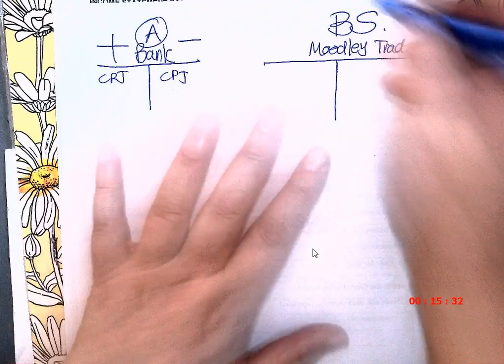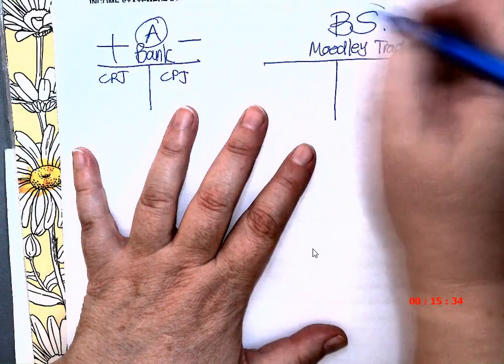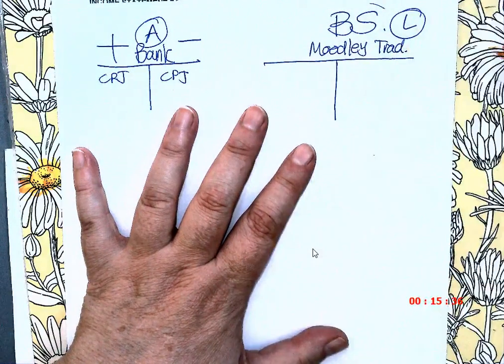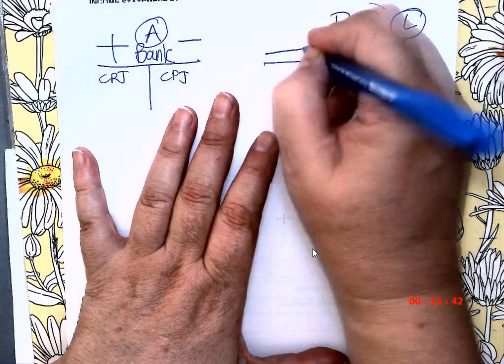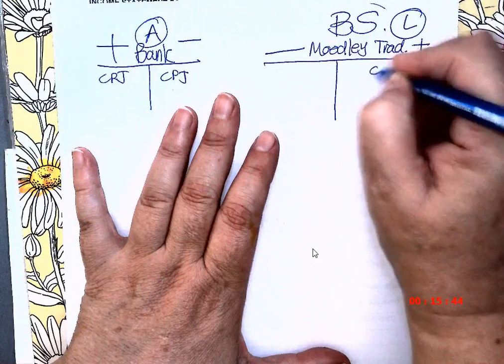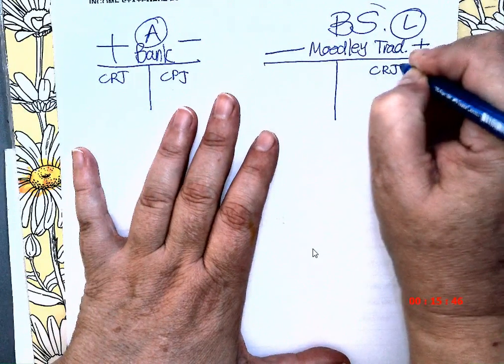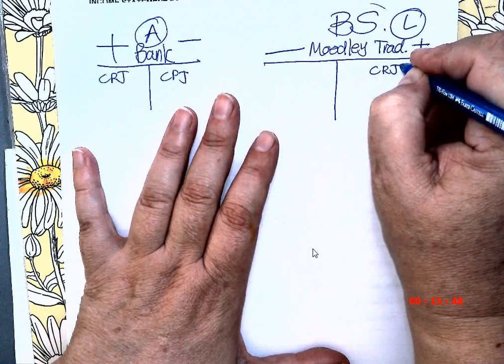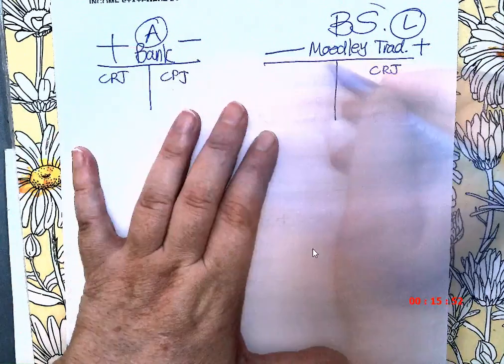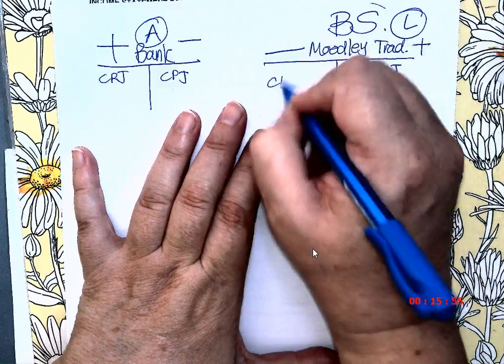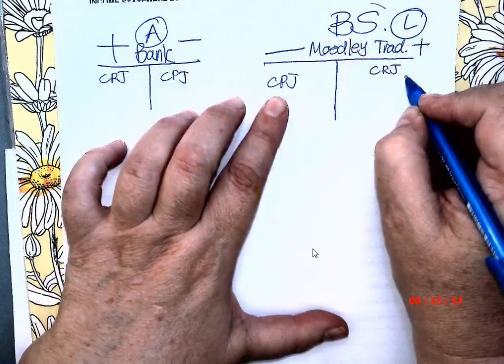So for Absa, he's a liability. You get what I'm saying? So he works minus plus. So the CRJ, the deposits, will go to the credit side because they owe it back to Moodley. The payments make what they owe Moodley less.